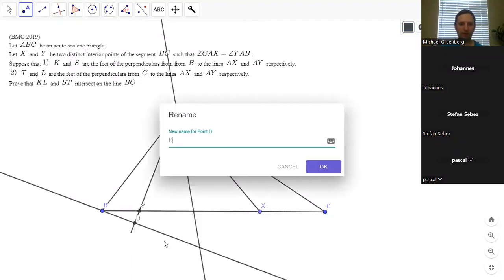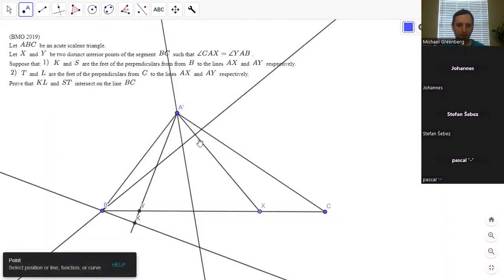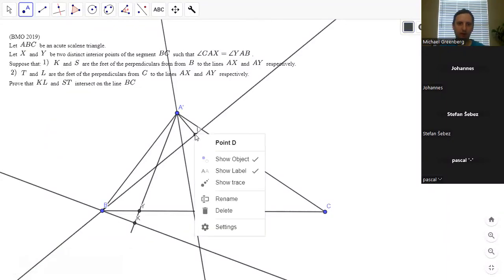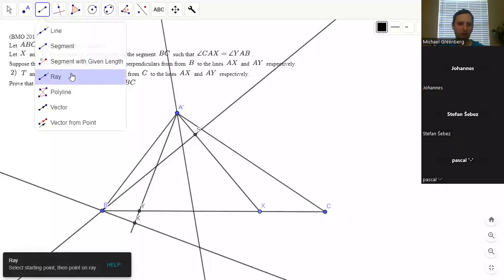So we want B to those two. So K and B to AX. So it's K and S, and of course we have a cyclic quadrilateral there. And then let me make this a ray.